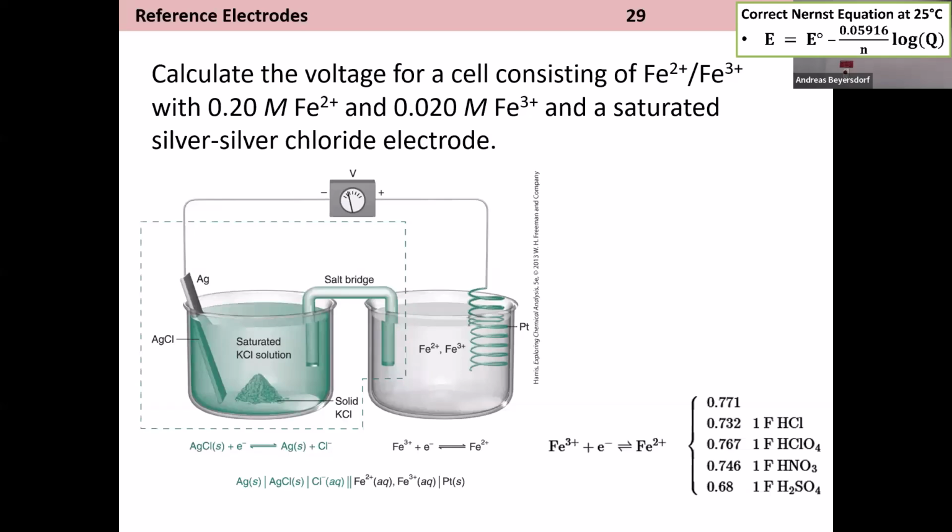Which one of these pertains to this case? Do we have HCl? HClO4? Nitric acid? Sulfuric acid? No. So we just use the standard value that doesn't have any preconditions. In this case, it's 0.771. That's what we're going to use as our E naught.